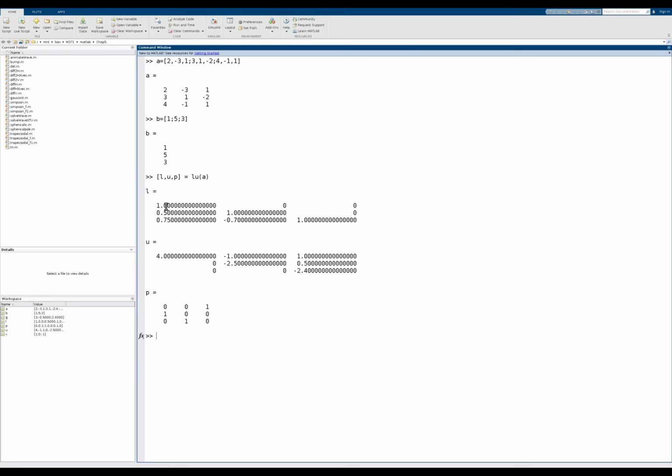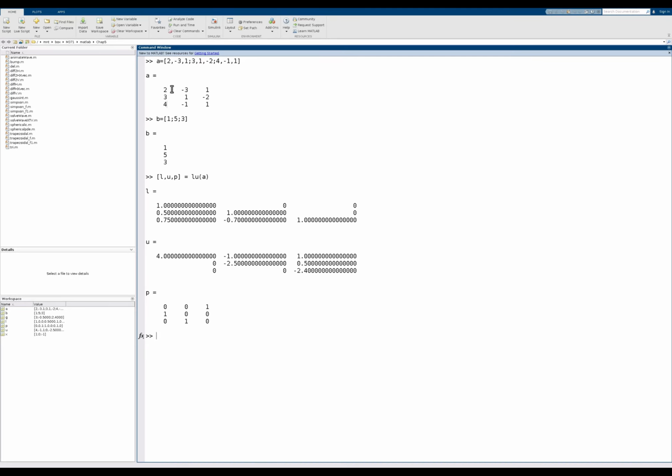Okay, so it gives us the lower triangular matrix L, upper triangular matrix U. Oh, it did actually permute them. Now, I overlooked this when I was talking about it, but if you look at the first column here, 2, 3, and 4, if we had done pivoting, we would have pivoted the first row with the fourth row, because the fourth row has the bigger entry in the first column.